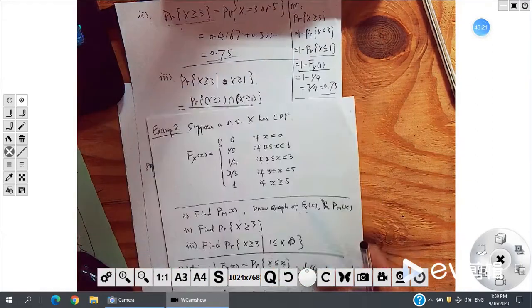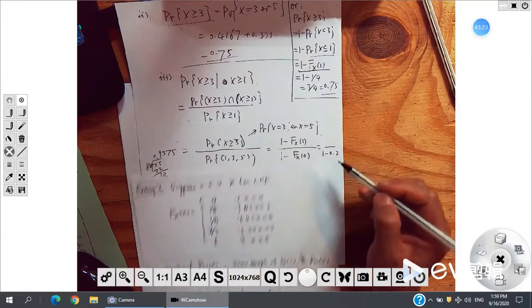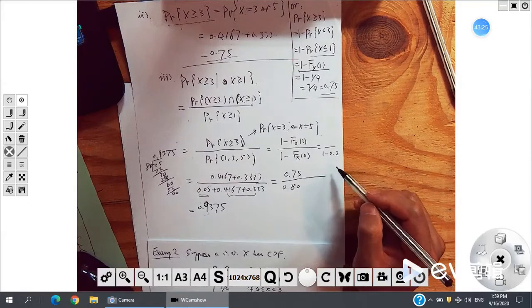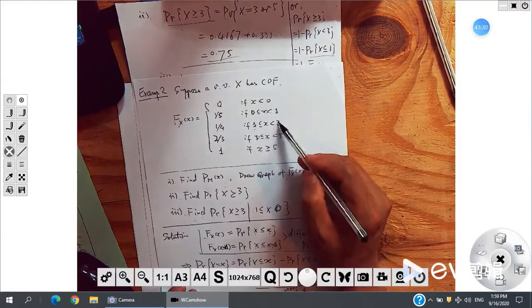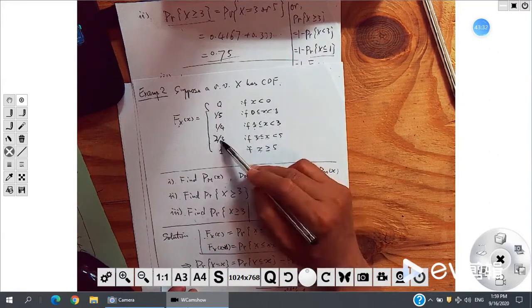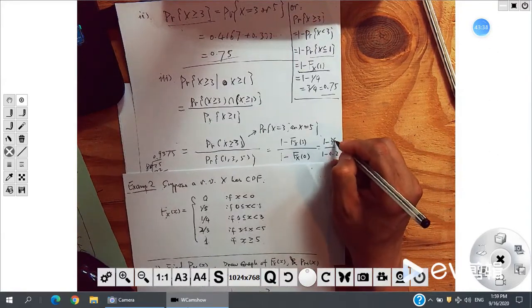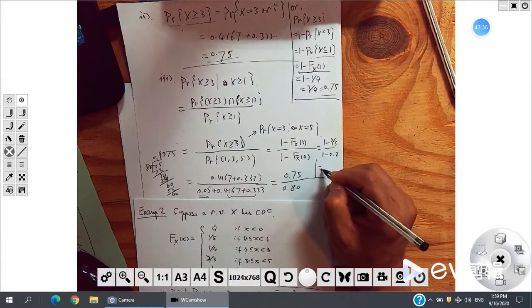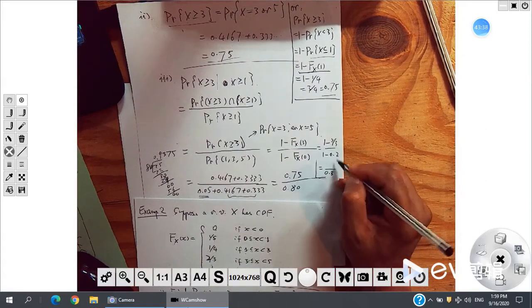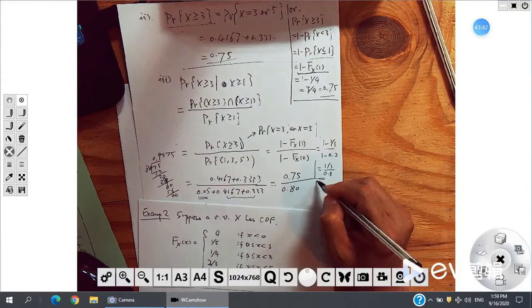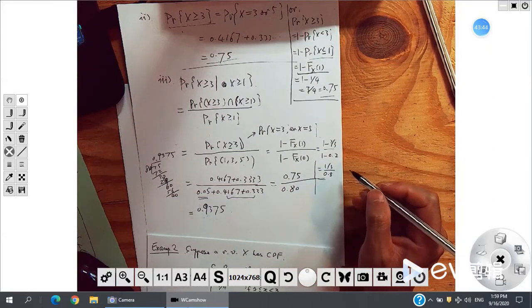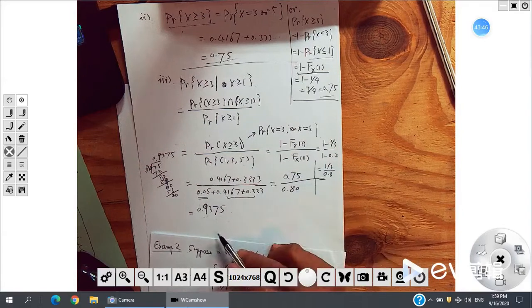Okay. This is 0.2, which gives us 0.8 in the denominator. The numerator is 1 minus F_X of 3. So what is it?